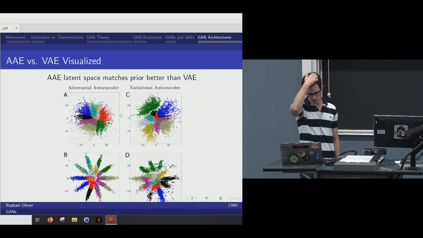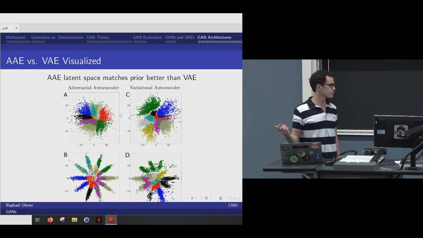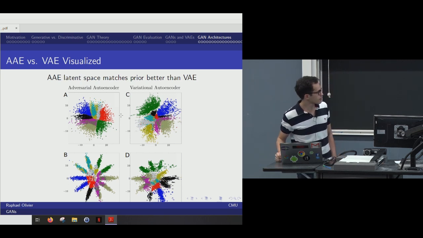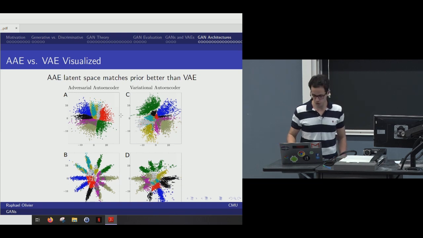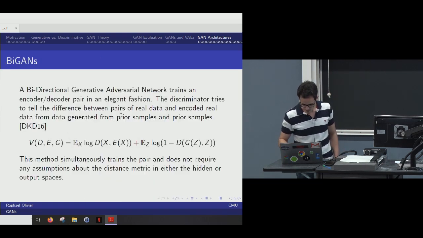So the AAE is doing exactly what you'd expect it to do, which is that the prior is closer to what you actually get. The lower row is the same thing, but with a mixture of Gaussians instead of an actual Gaussian. And I think there's two more.